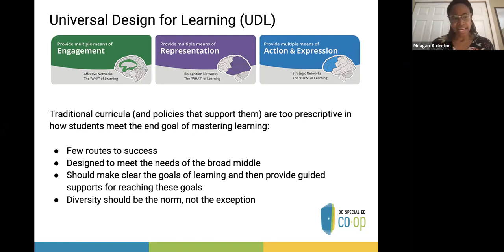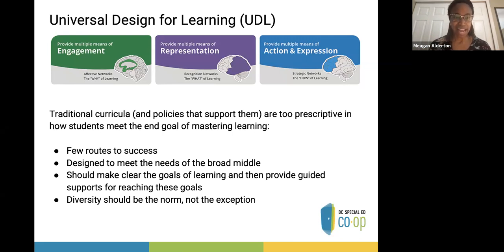CAST really says that traditional curricula and the policies that support curricula are just too prescriptive. Especially if you are a new classroom teacher, and even some older classroom teachers, sometimes we're given a curriculum and a pacing guide, and we just want to go right through it and do things as they're presented, not necessarily understanding how we can build in routes to success.